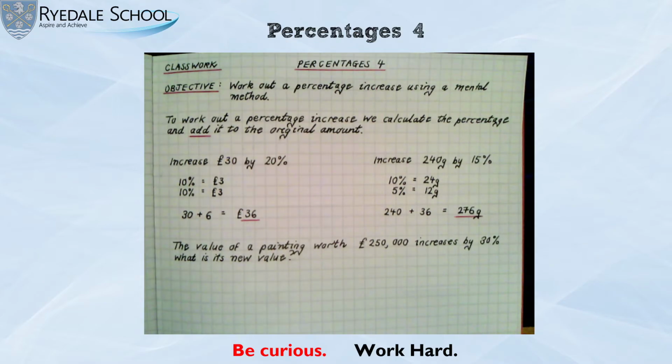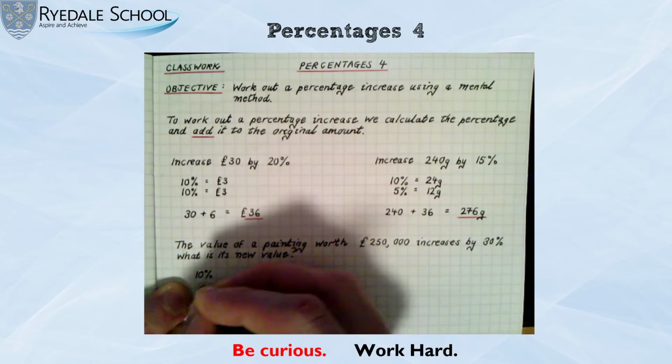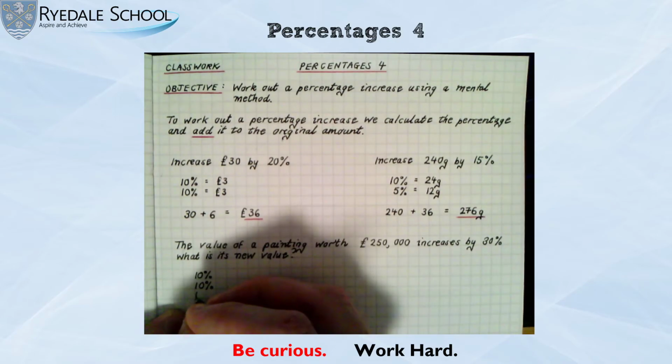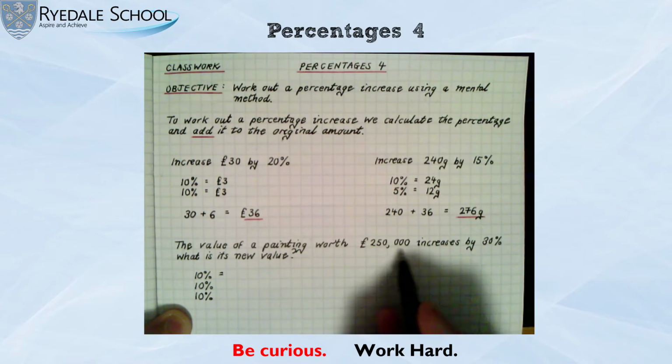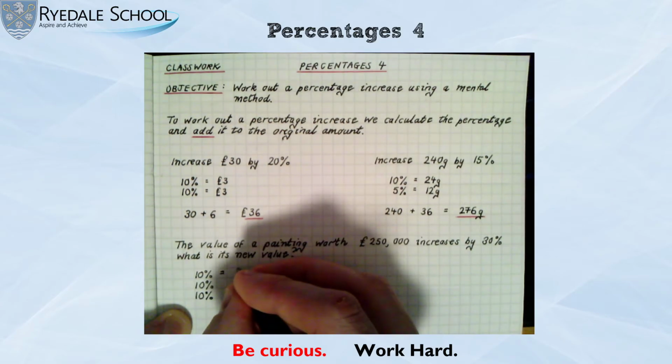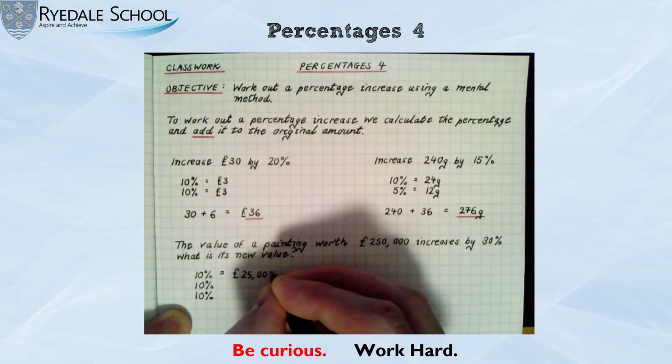So I think to get 30%, I will just keep sticking with my 10% building block. I will need 3 of those. And 10% of that number, divide by 10, is £25,000 or 25 grand.